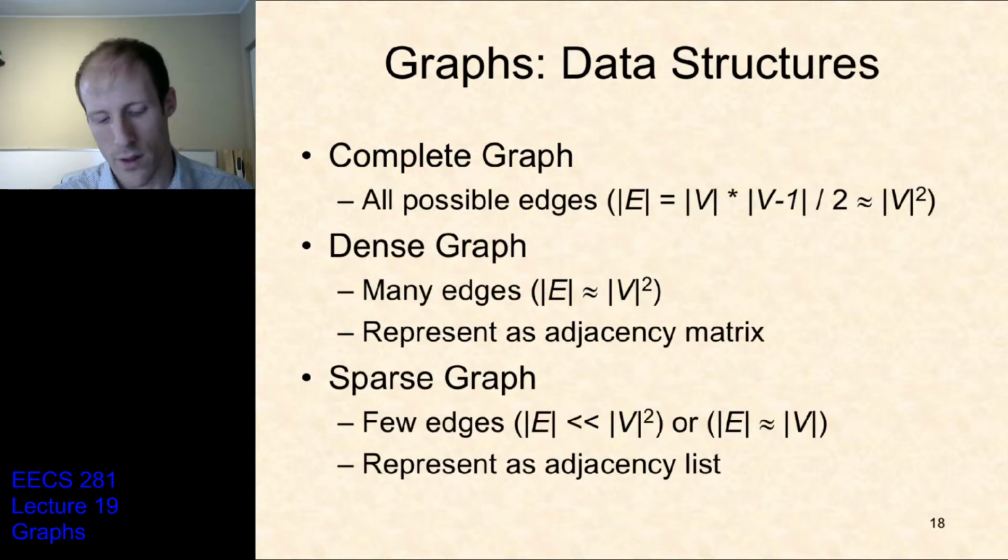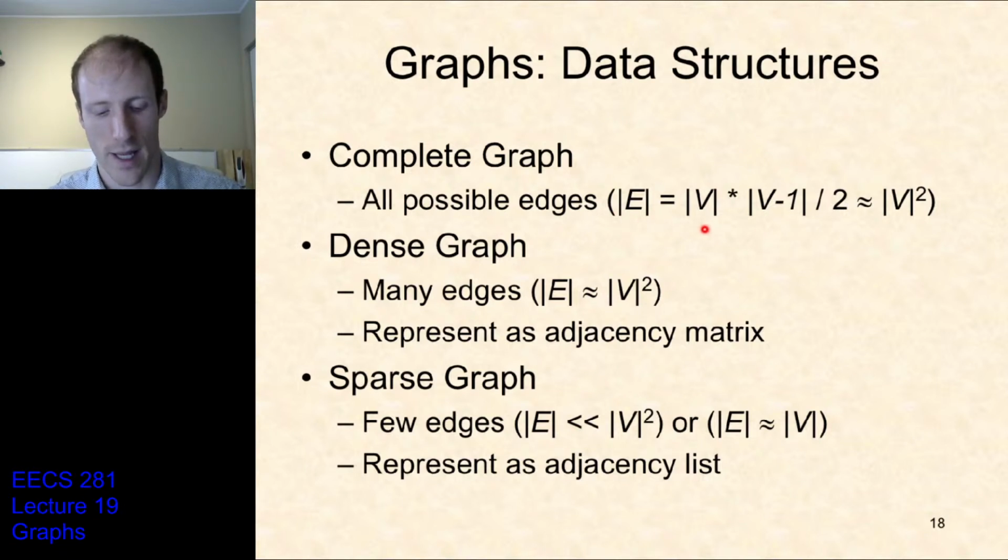And for different graphs, these two quantities, the number of edges and the number of nodes, might look very different. So we could think about having a complete graph where we have all possible edges that connect any two pairs of nodes. So any pair of nodes is directly connected.